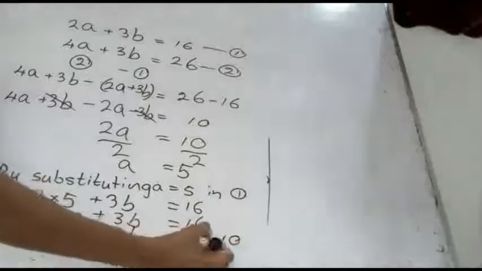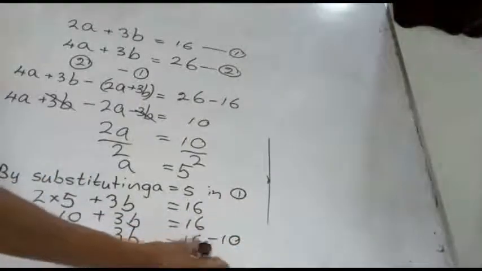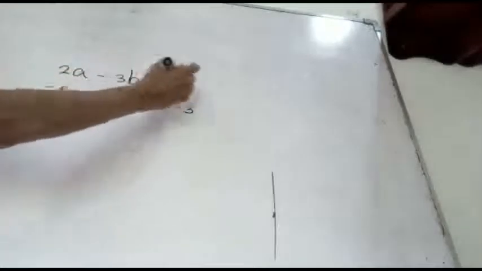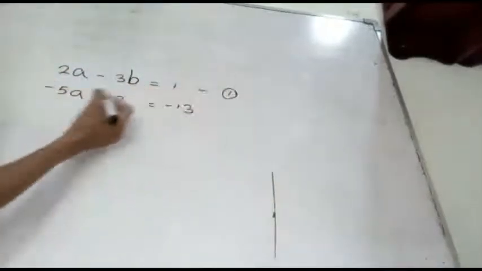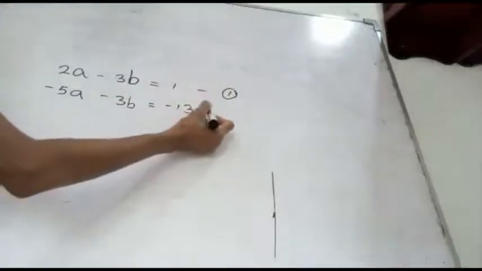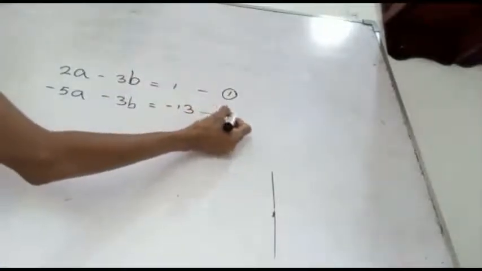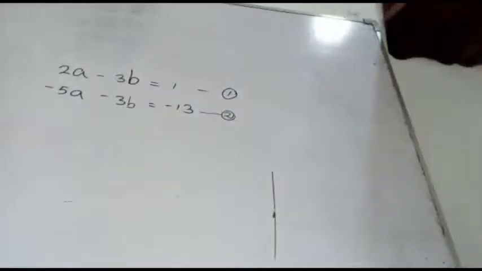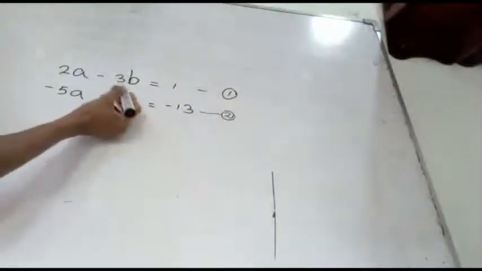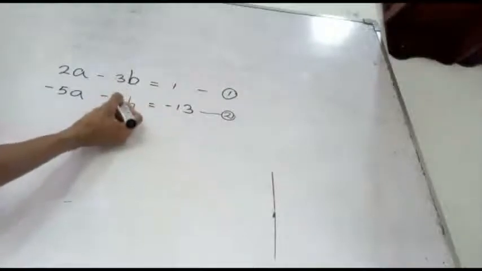Next, it is subtraction. 2a subtract 3b is equal to 1 is the first equation. Negative 5a subtract 3b is equal to negative 13 is the second equation. Here the coefficient of b is equal, so we subtract one equation from the other.